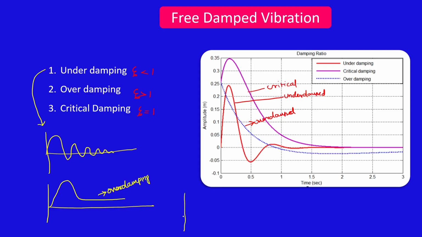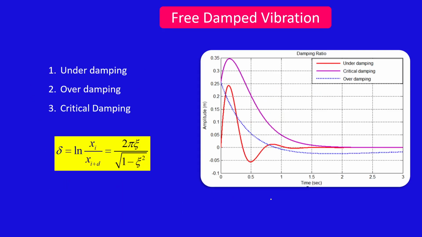Critical damping means the system reaches the equilibrium position as quickly as possible, where eta equal to 1. These are the three behaviors of free damped vibration from the equation of motion.